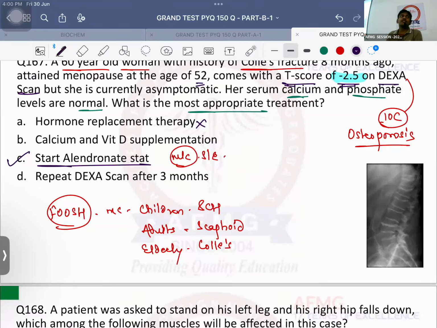Most common side effect of bisphosphonates. अरे क्वेश्चन था रे प्रीवियस ईयर. हाँ, हॉट फ्लैशेस वो एस्ट्रोजन को थोड़ी बढ़ा रहा है यार. क्या? It is esophagitis.